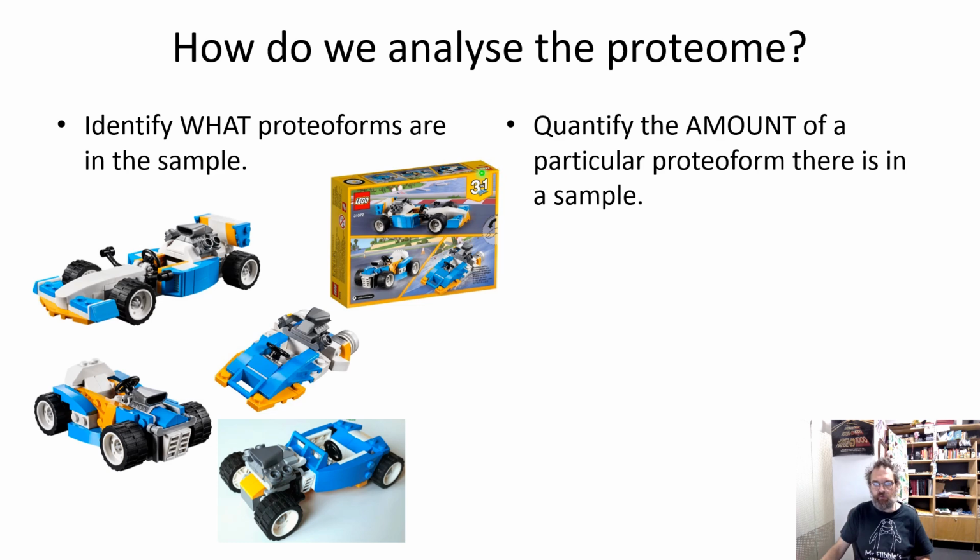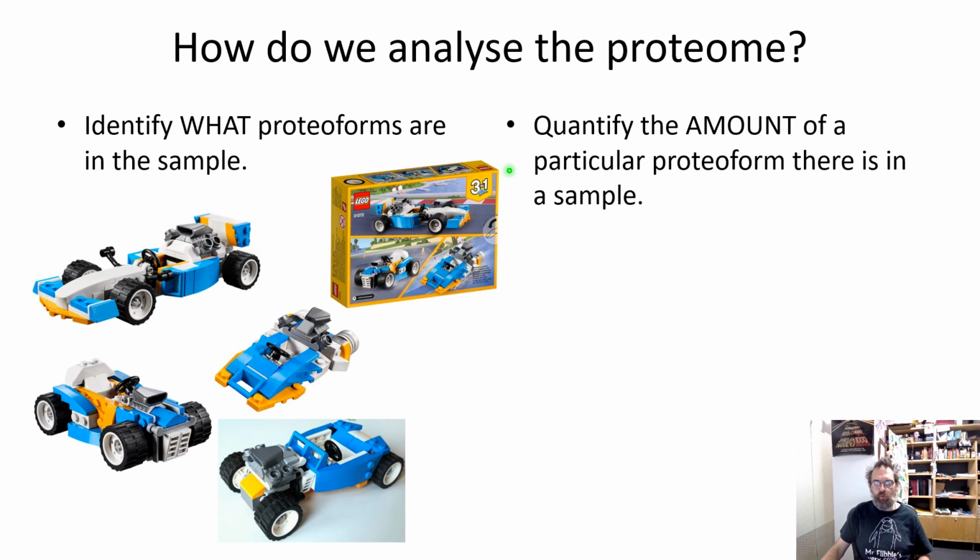And so what you can do is you can say that the parts within the Lego kit are, in the case of a proteome, actually your amino acids, your building blocks of your different proteins. And then the instructions within the box can be considered your genome, which is the blueprint that tells you how a particular proteoform actually goes together.